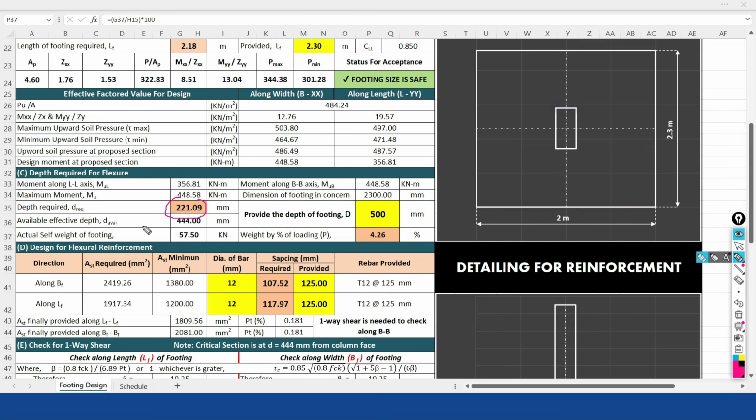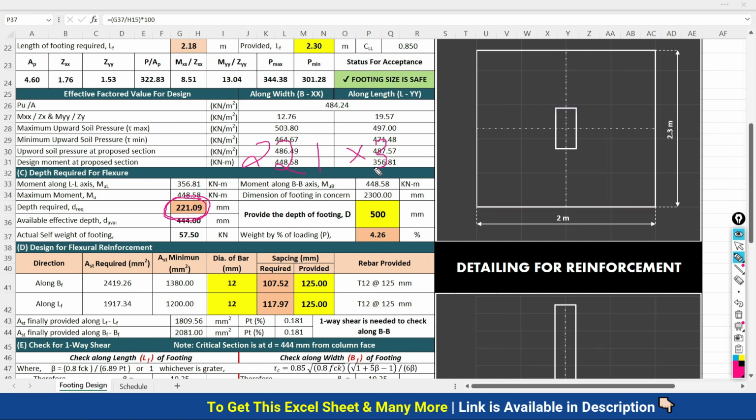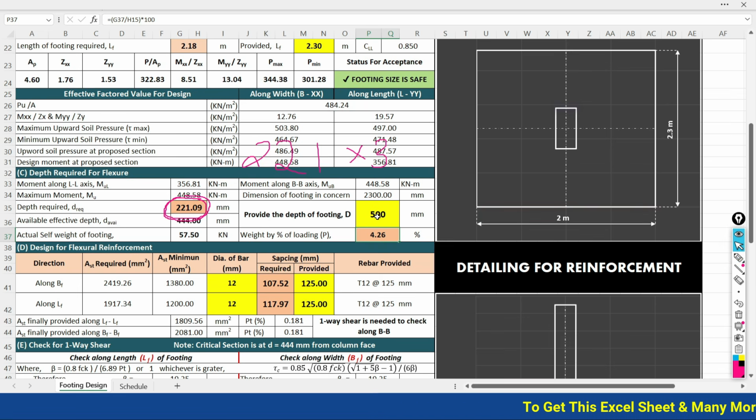As per the expert recommendation, the trial depth of the foundation should be taken as 3 times the effective depth requirement for flexure. If you take 3 times this 221, it is coming out to be more than 600. So here I would like to take it as 500 on the conservative side.